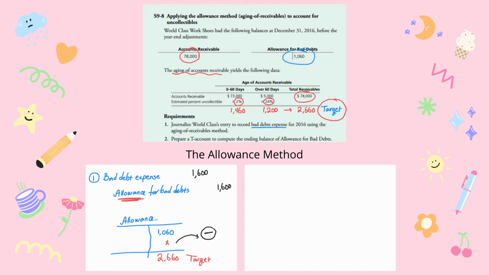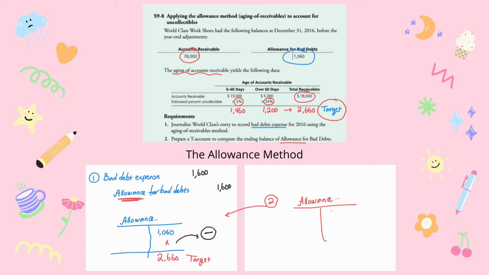Requirement number 2: prepare a T account to compute the ending balance for the allowance for bad debts. Okay, so we already did this here. This is requirement number 2. So, allowance for bad debts.